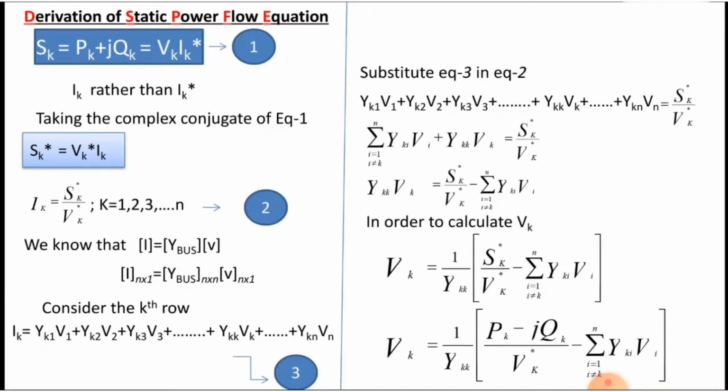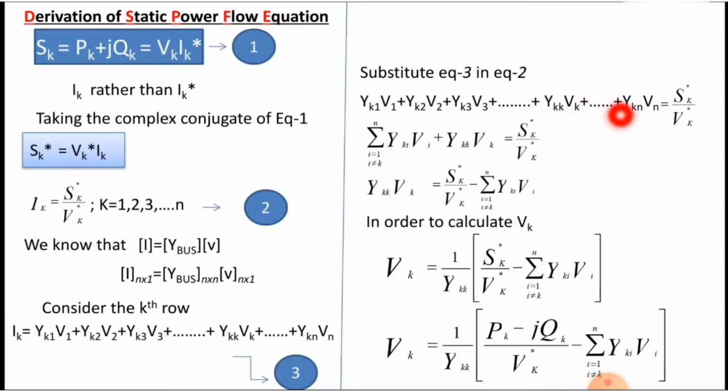Substituting equation 3 in equation 2, where equation 2 is Ik is equal to Sk conjugate by Vk conjugate. Already we are getting the value of Ik here. You substitute this value in the second equation, and we will get the expression as Yk1 V1 plus Yk2 V2 plus Yk3 V3 plus and so on, Ykk Vk plus and so on, Ykn Vn is equal to Sk conjugate by Vk conjugate.